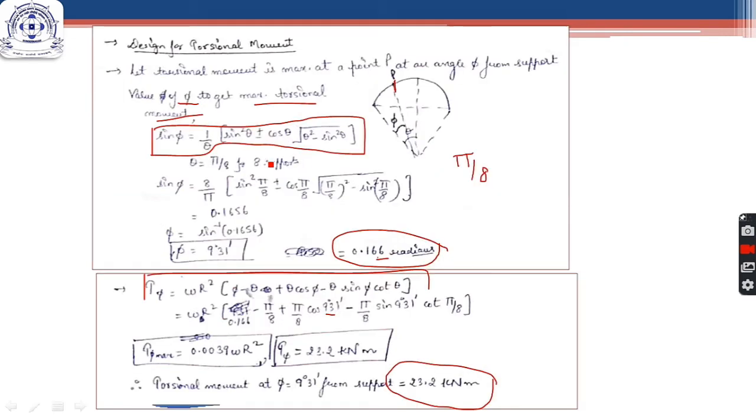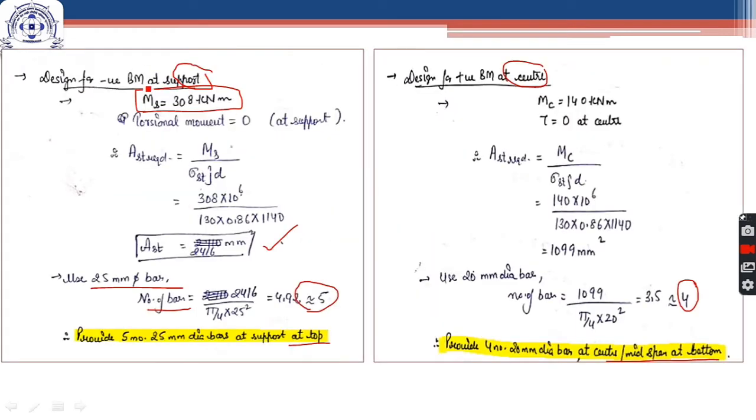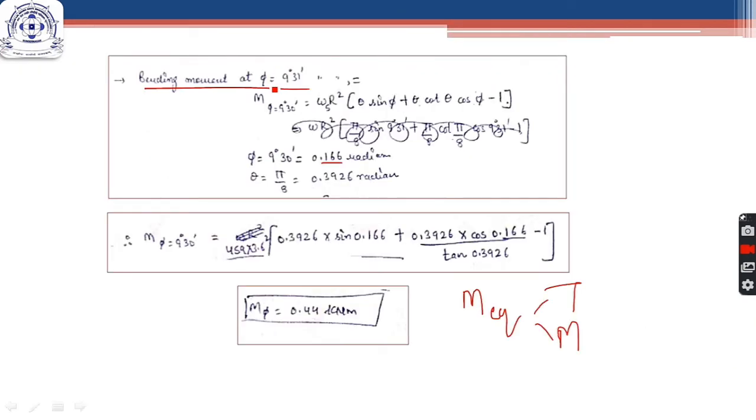Previously in this question we calculated the bending moment at support and at center, but we are concerned with the point where the torsional moment is maximum, because the torsional reinforcement will be provided where the torsional moment is maximum. So we have to find the bending moment also where the torsional moment is maximum, which is at phi equal to 9 degree 31 minutes.